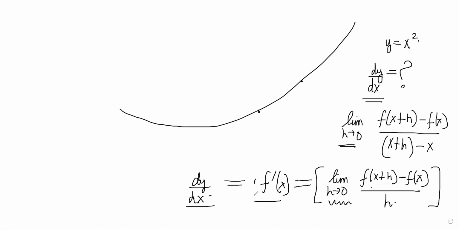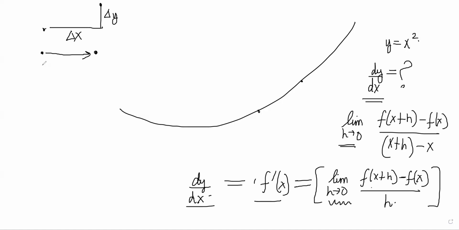Okay? Yes, sir. And so far what we have seen is the understanding of why we are defining it in this way. Because we are saying if your x value changes from here to here, the y value must have changed from here to here. We are taking the ratio of the change in y by the change in x, also keeping in mind that the change in x has to be really small.